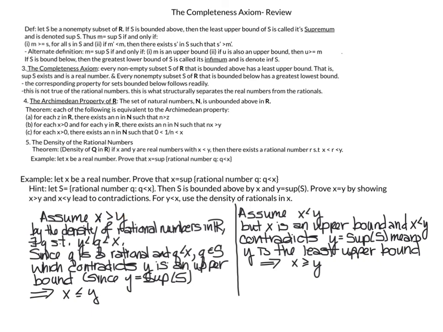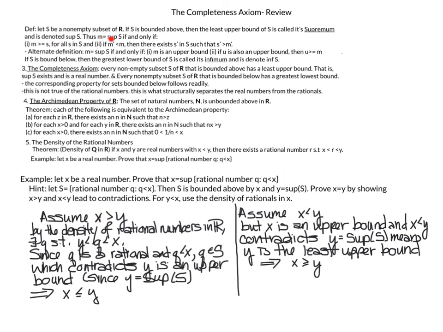Now if I look at my definition of supremum, this m is the supremum if m is greater than all s. So okay, we can say that y is greater than all these q's, and that if we have another upper limit that's less than our supremum, and in here we do have another upper limit x, but x is greater than y.